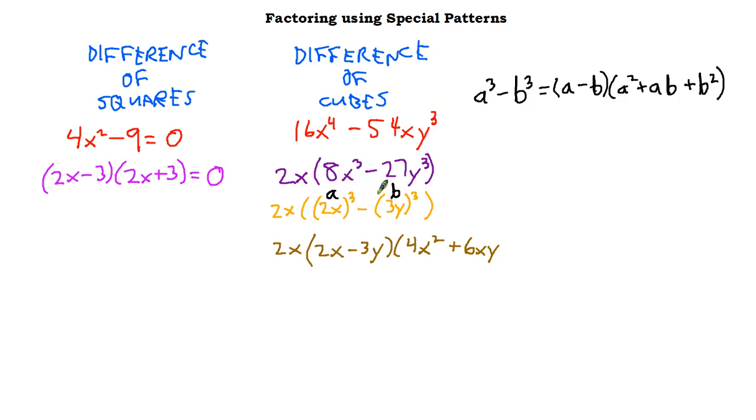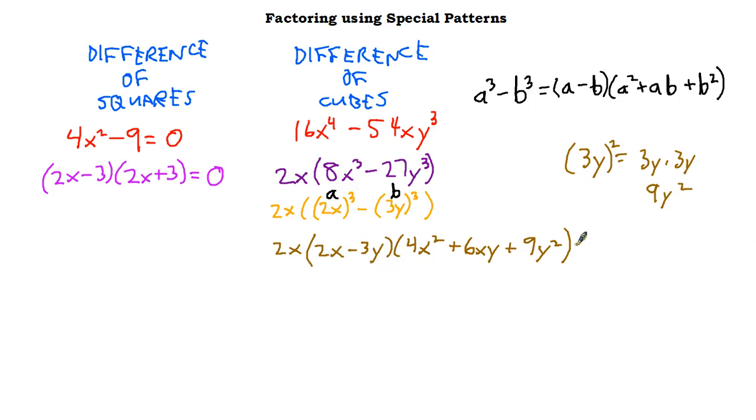Not negative 3y, but just 3y squared, so plus 9y squared. And again, it's an easy mistake not to square the 3 and the y. You've got to square both. Again, just to make it real obvious for you, it's 3y squared, which is the same as 3y times 3y, which gets you 9y squared. Just want to make sure you guys are with me on that.